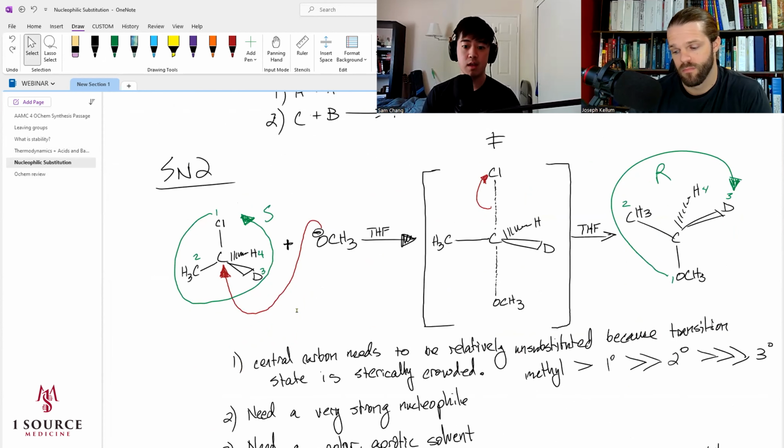If you had a polar protic solvent, that would decrease the nucleophilicity of the nucleophile, because a solvent that is able to hydrogen bond will interfere with the negative charge of the nucleophile.